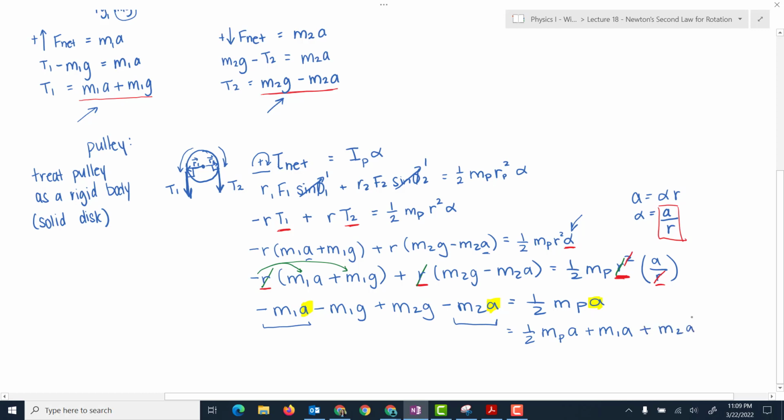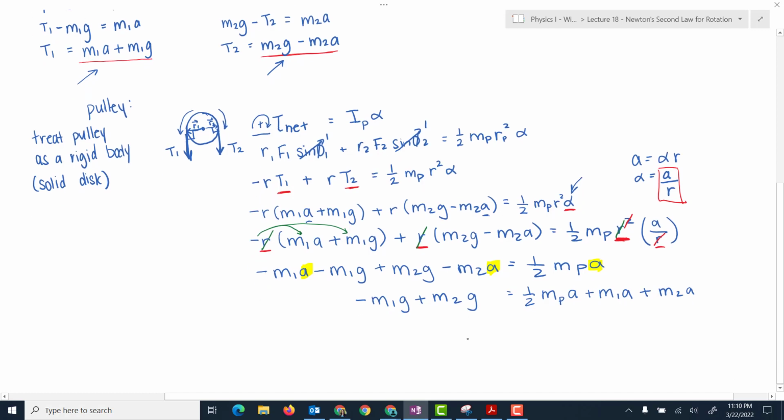And on the left side, all I'm left with are the terms that don't have a in them at all. So I have negative m1g plus m2g. I'm trying to solve for a, so I can factor out an a over here, and I'm left with 1/2 mass of the pulley plus mass of object 1 plus mass of object 2.